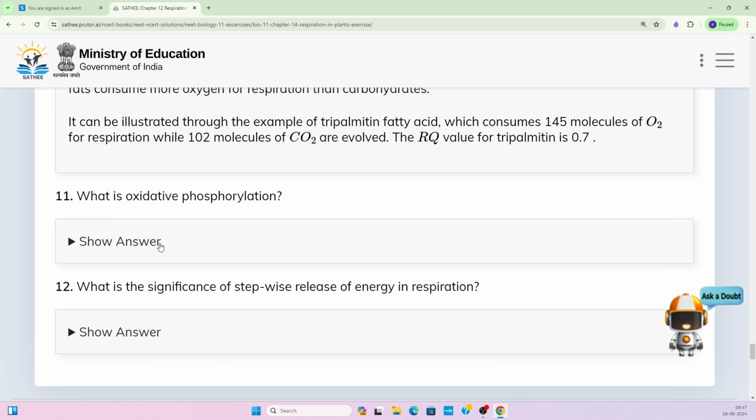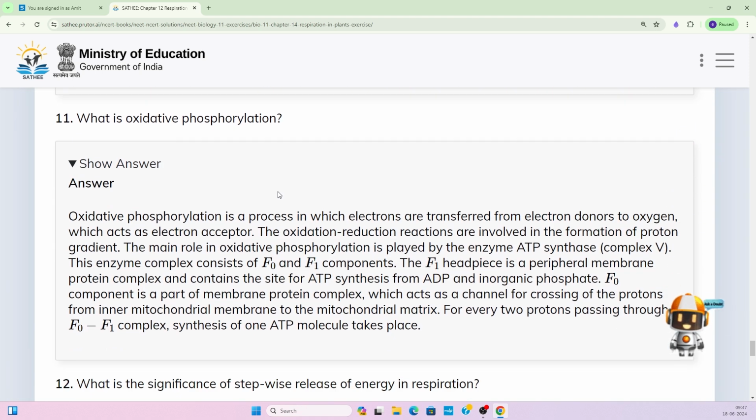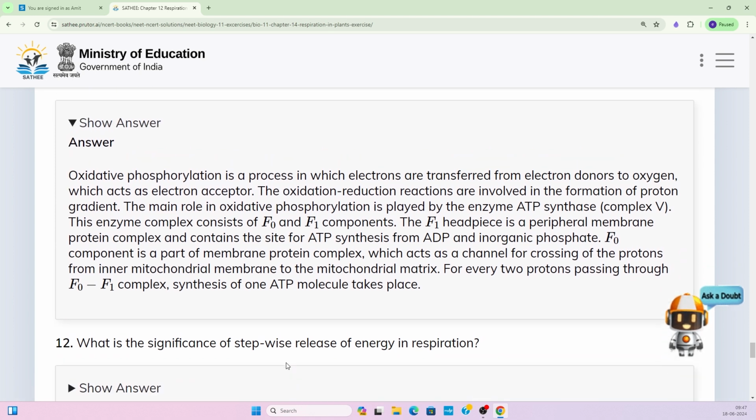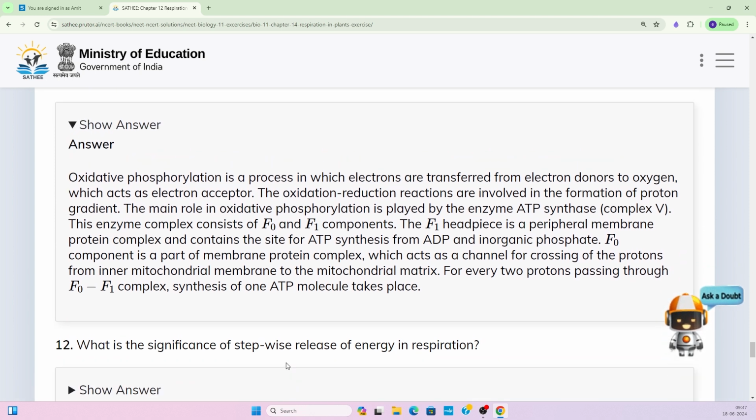Next question. What is oxidative phosphorylation? Very, very important question. Oxidative phosphorylation is a process in which the electrons are transferred from an electron donor to oxygen.